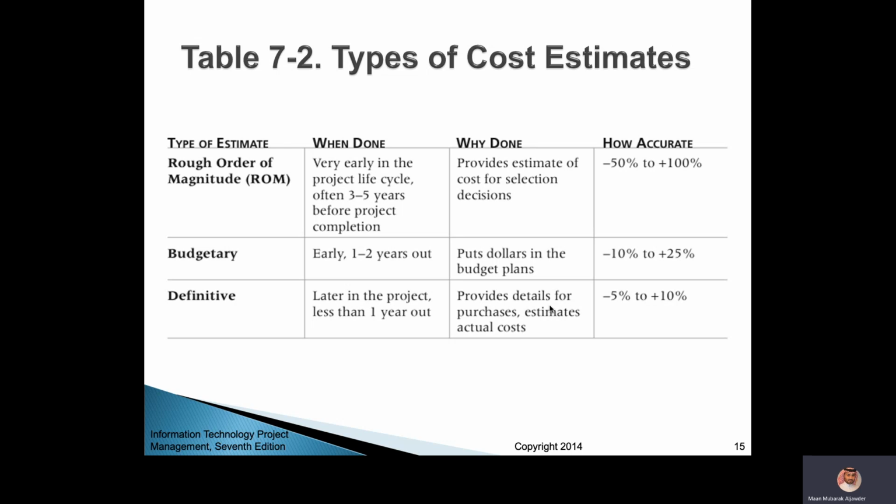You distribute the estimate on these items. And in this stage, in most organizations, they rely on quotations, especially for material or for items that they're going to use in the project.